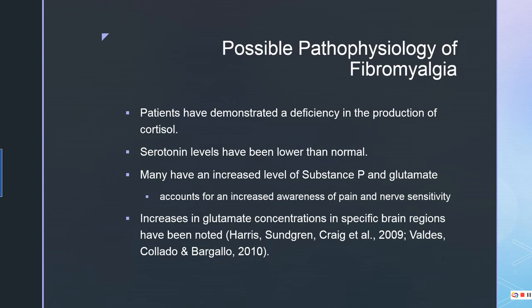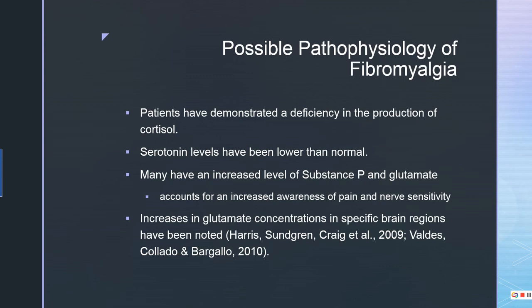Those suffering with fibromyalgia have demonstrated a deficiency in the production of cortisol, normally produced as a stress response. Serotonin levels have been commonly lower than normal, which may involve increased pain perception and stage 4 sleep disruption.